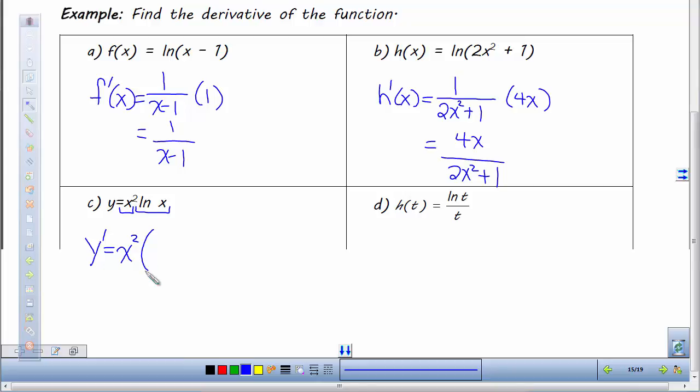Well, the derivative of natural log of x is just 1 over x. So first times the derivative of the second plus the second times the derivative of the first, which is 2x. We can clean this up a little bit. I'm going to get x plus 2x times the natural log of x, and I'll just leave it like that. Questions about that?